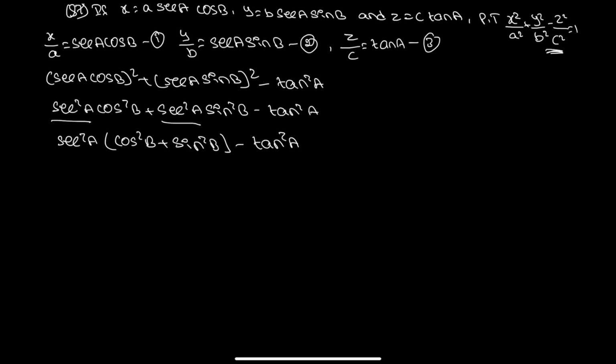And here cos^2 b + sin^2 b is our identity, which is 1, so sec^2 a (1) - tan^2 a. And sec^2 a into 1 is nothing but sec^2 a. And here we have our identity, which is sec^2 a - tan^2 a = 1. This is what we need to prove. This is our required RHS value.